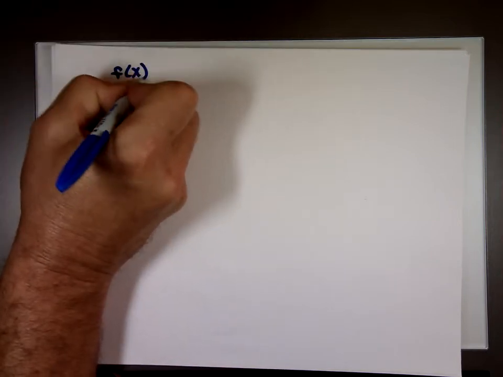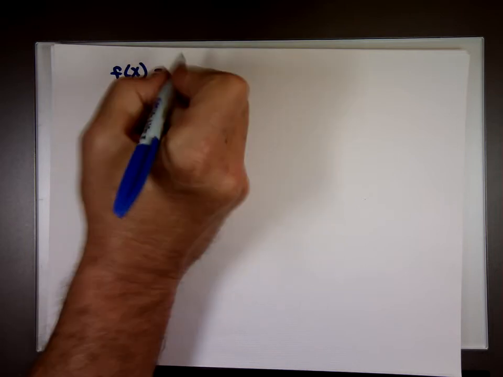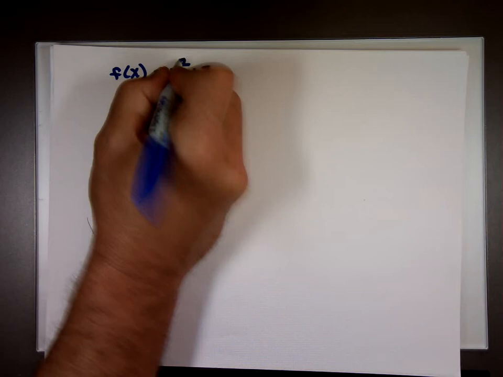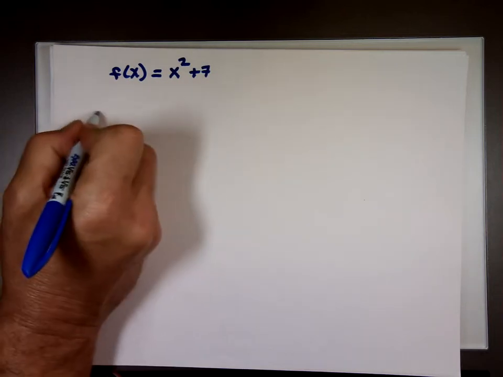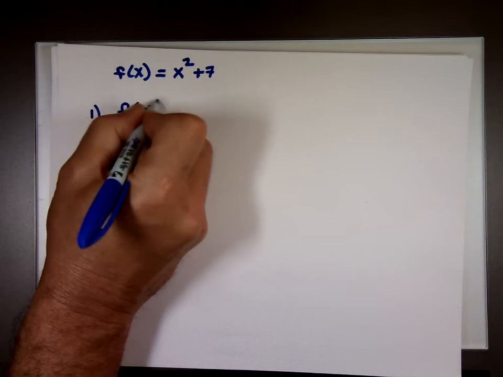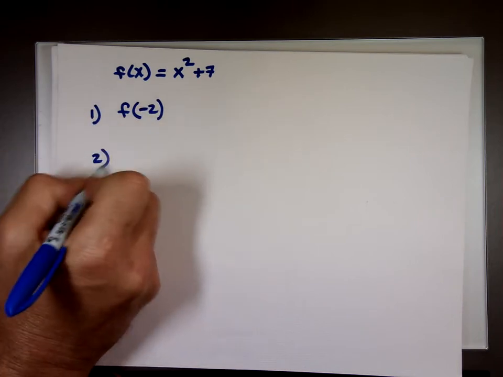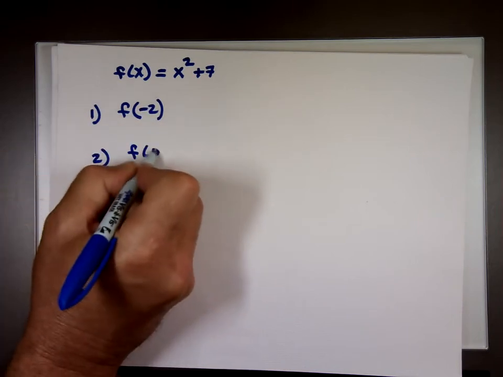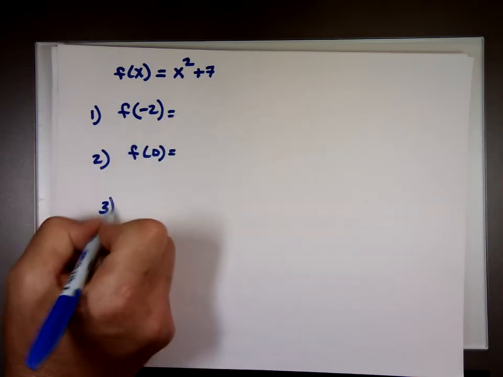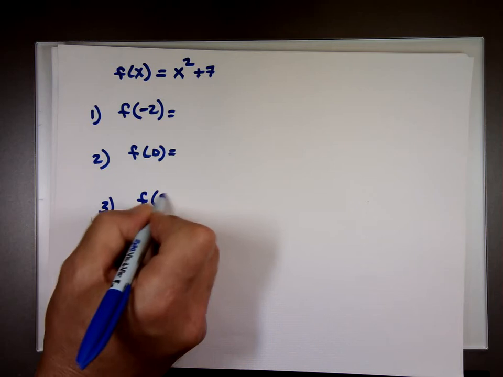So let's say we have this problem. F of x equals x squared plus 7. And my first question, I'll give you a few questions. Number 1, what is f of negative 2? Question number 2, what's f of 0? Question number 3, what is f of 3a?